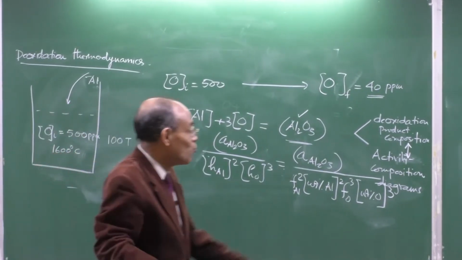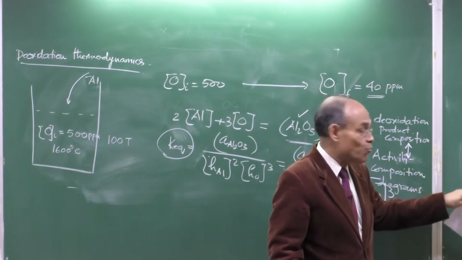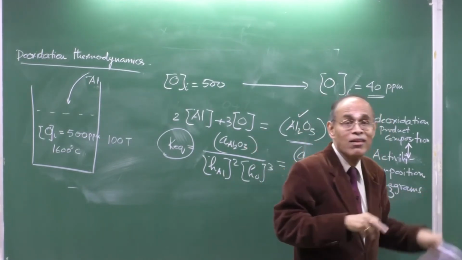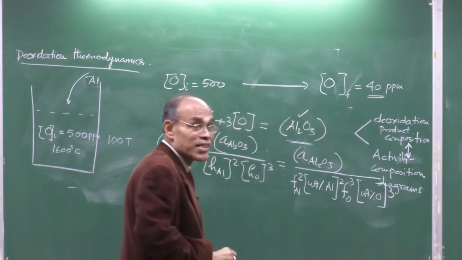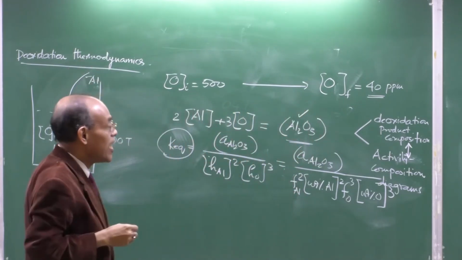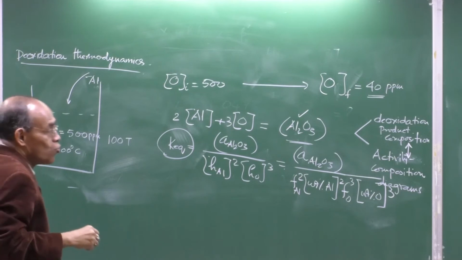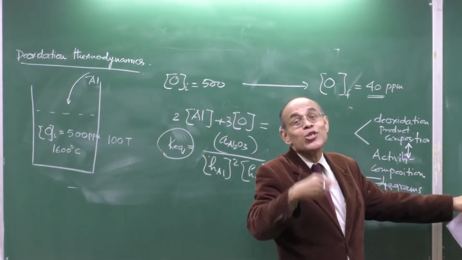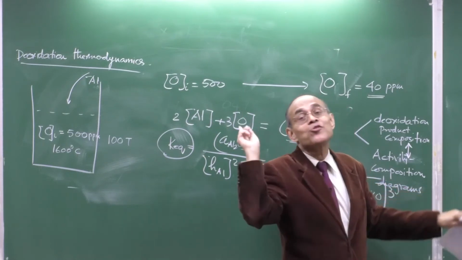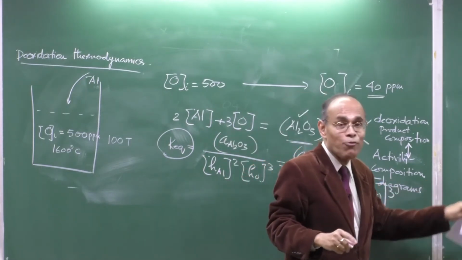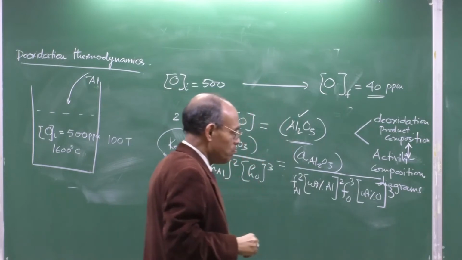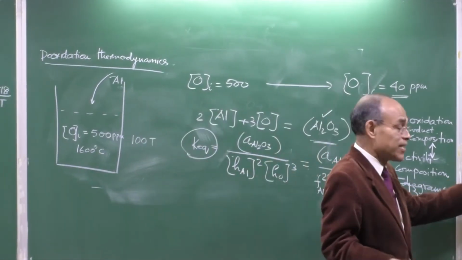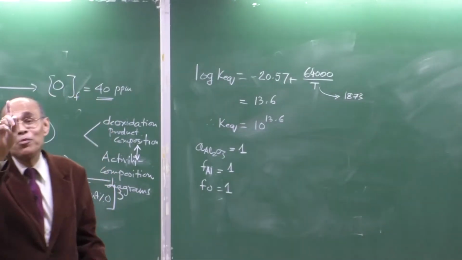In that case, we will not ignore this, because we have seen in the previous problem the role of these activity coefficients; it can really jack up the composition. Of course, to calculate this, the interaction parameters and the composition of the melt will be supplied to you, and then you should be able to calculate f aluminum and f oxygen without any problem. But if you consider the self interaction parameters also, then you should be prepared.